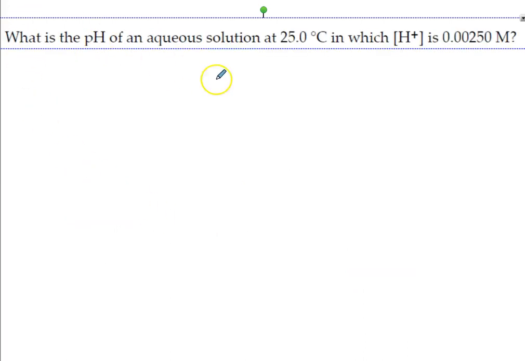What is the pH if H plus is that? You can do that right now if you want. How would you do that? No, not inverse log this time. Negative log.